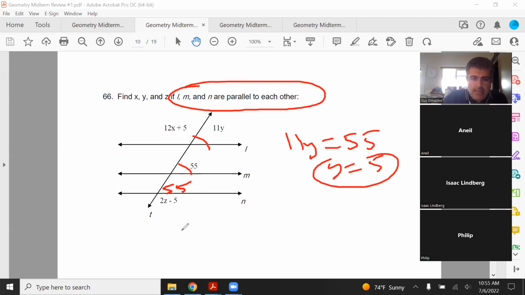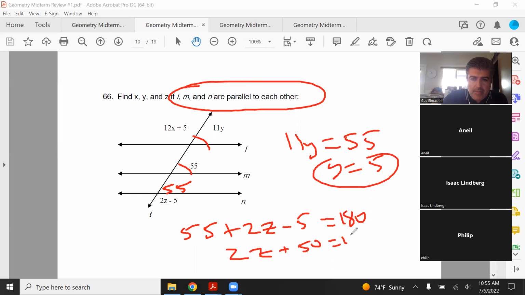So then we know that 55 plus 2z minus 5 must equal 180. That forms a linear pair. 2z plus 50 equals 180. 2z equals 130. Z equals 65. A little more work there compared to the other one.